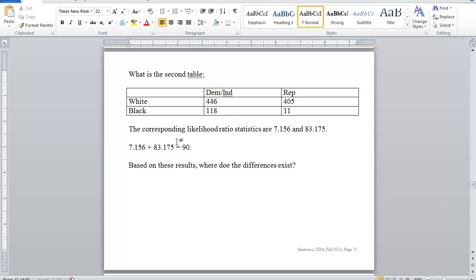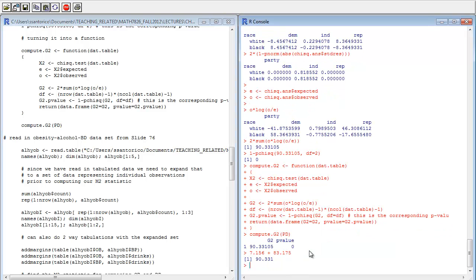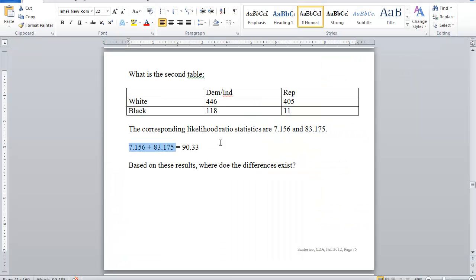So let's verify that. They come out to actually be the same likelihood ratio value. This would be good practice for that function that I mentioned. You could take the function that I created for computing the likelihood ratio test, feed these two tables in there, and look at what you get back.